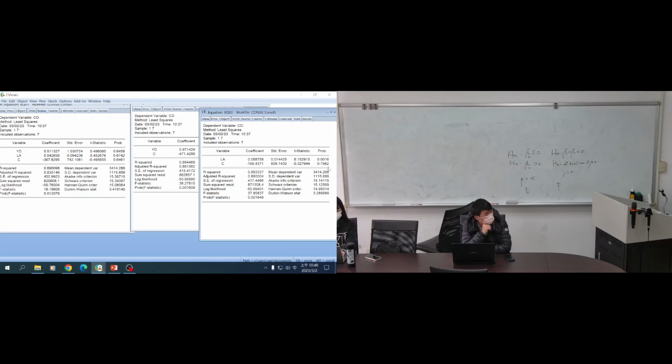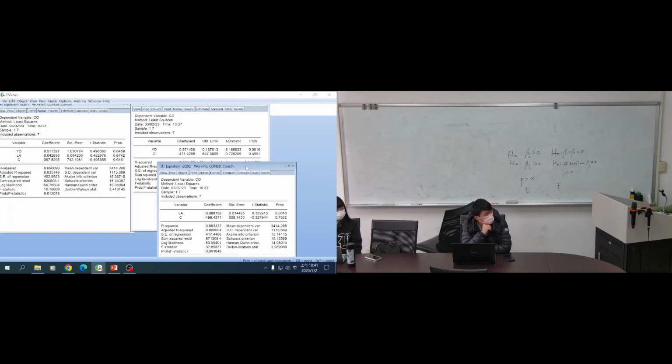Let's see whether it increased. The standard error for YD with both variables is 1.03. And with just YD itself, it turned out to be 0.15157. So it's almost 3 times higher if you put YD and LA together, right? So the standard error increases.